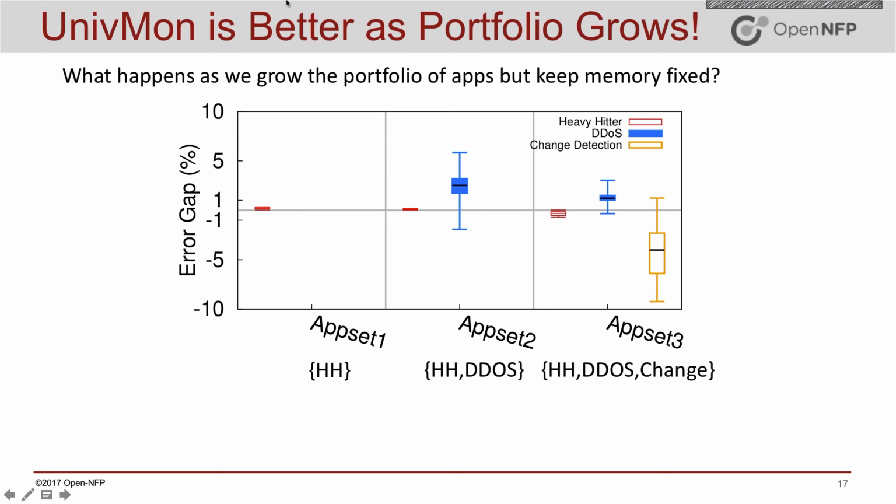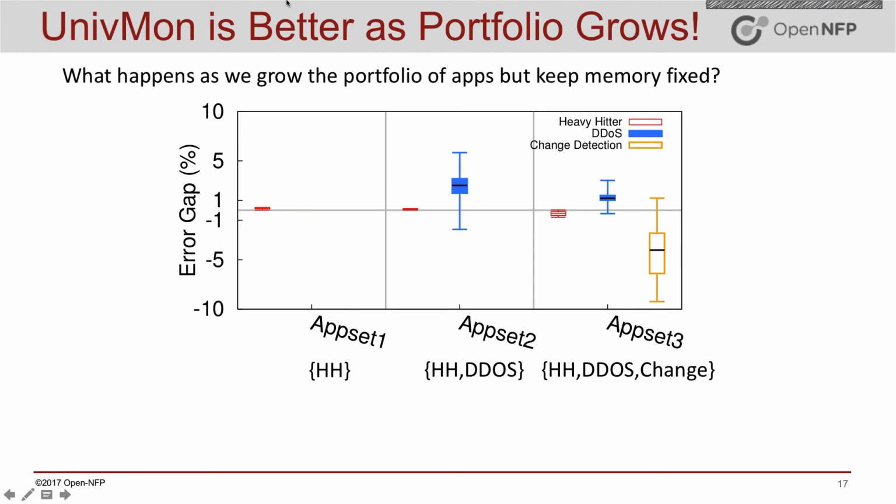But as the number of applications grows, you start to see the benefits of universal monitoring, in that for the entire portfolio, it's a much better option than if you look at each individual application in isolation. And that, to me, is the biggest win from universality: you can aggregate the resources and give them to one good primitive rather than fragmenting them across multiple different algorithms.